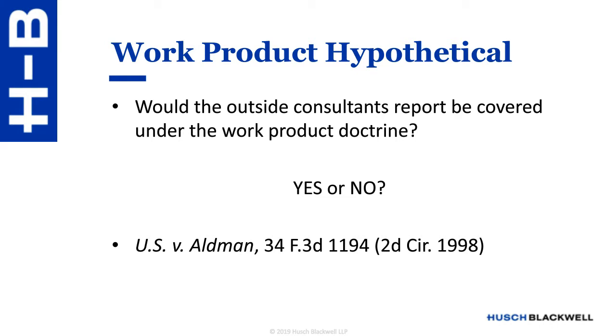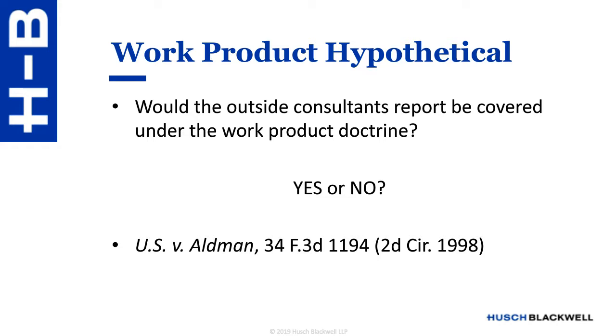In that case, the outside consultant drafted a 68-page report which contained a discussion of statutes, regulations, and evaluated challenges that the IRS would most likely bring. It set forth methods of structuring the transaction and made some predictions about the outcome.